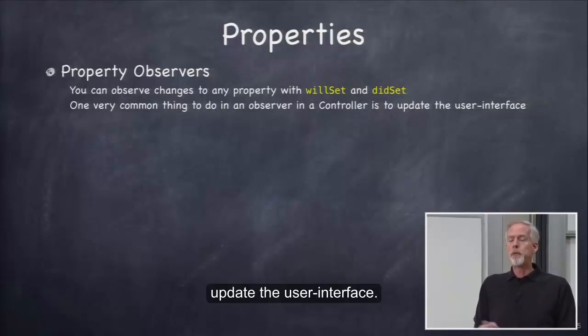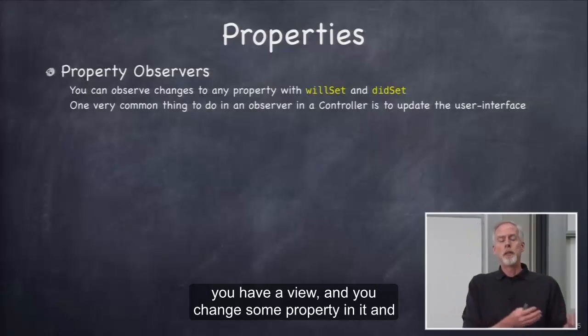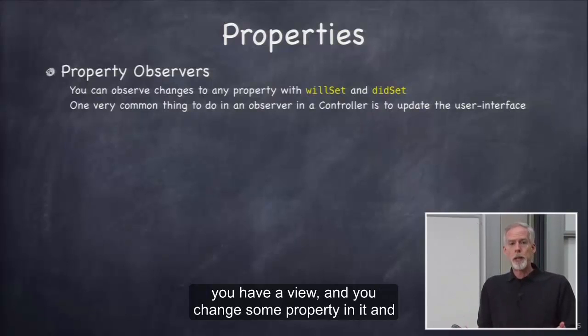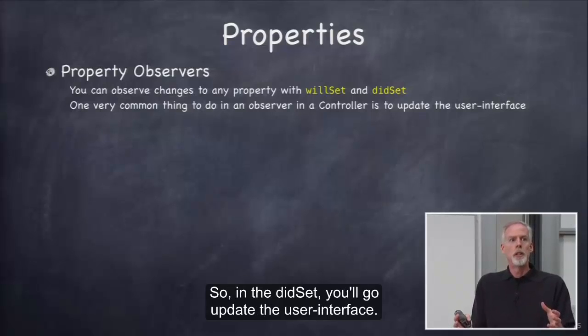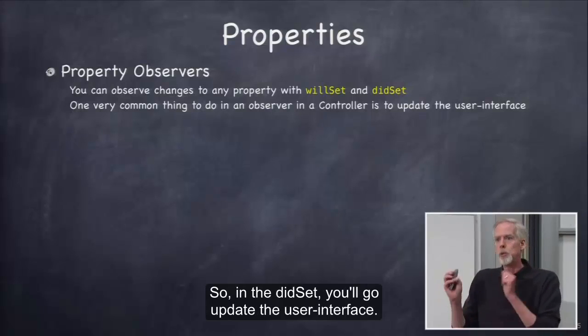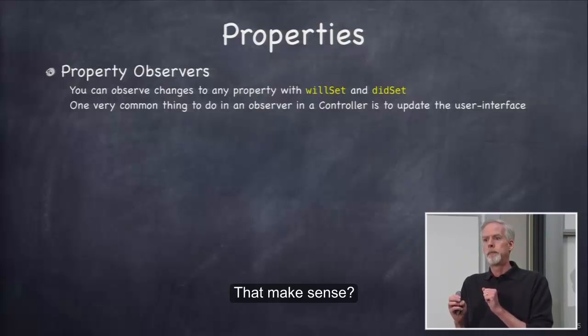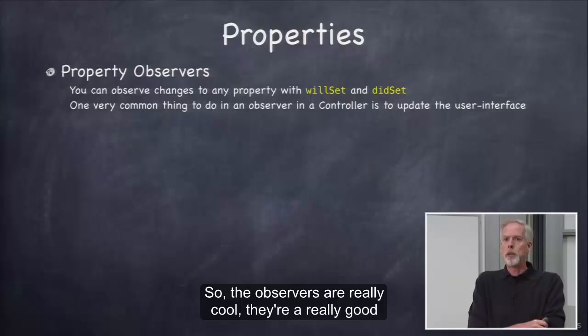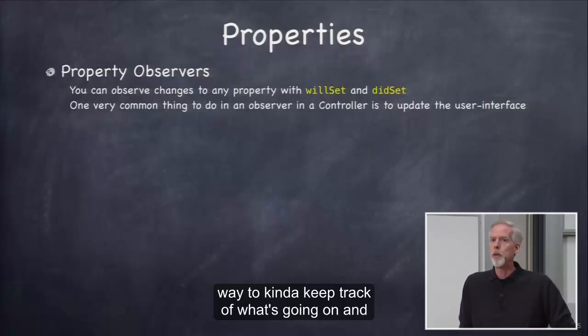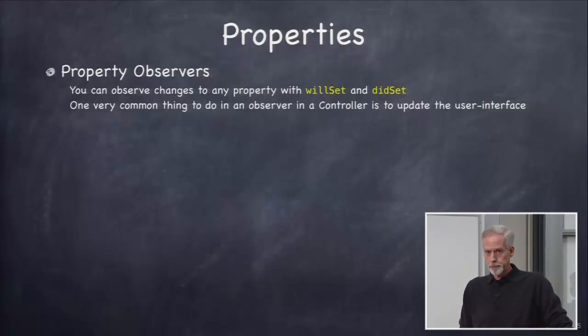So you have some view controller, let's say, or you have a view, and you change some property in it, and changing that property means the UI would change. So in the didSet, you'll go update the user interface. Does that make sense? Okay, so the observers are really cool. They're a really good way to keep track of what's going on and keep things in sync.